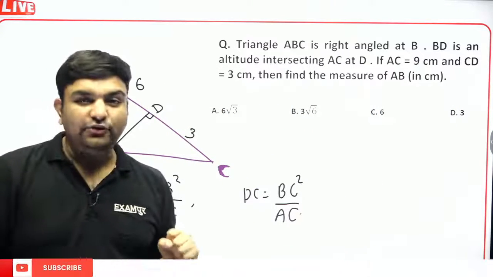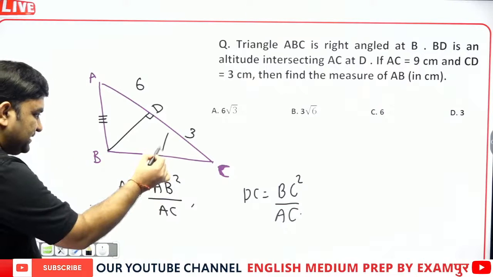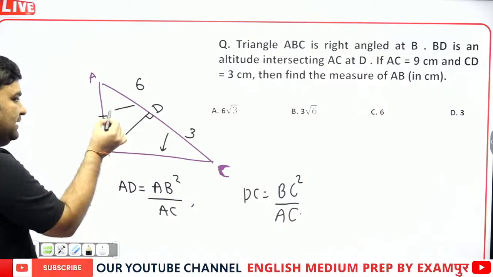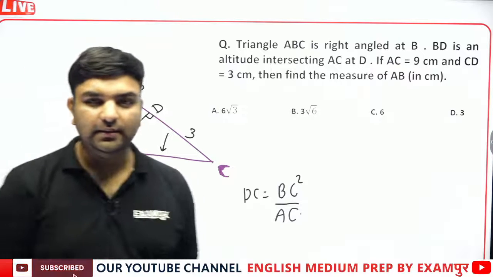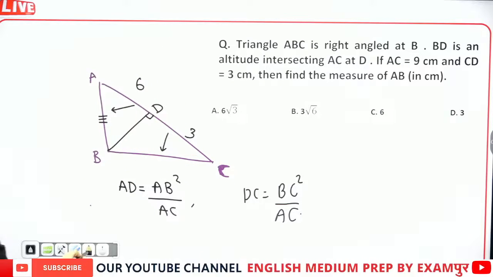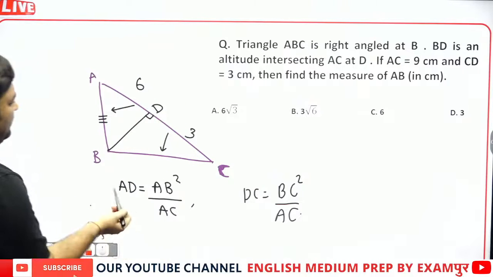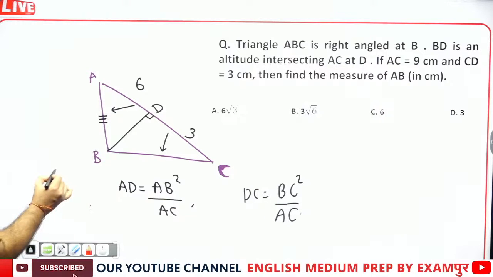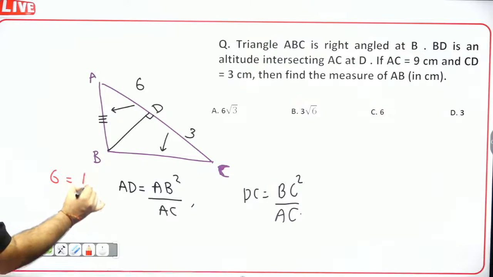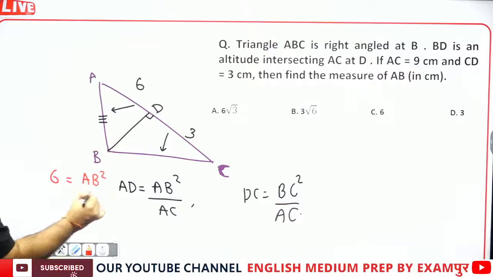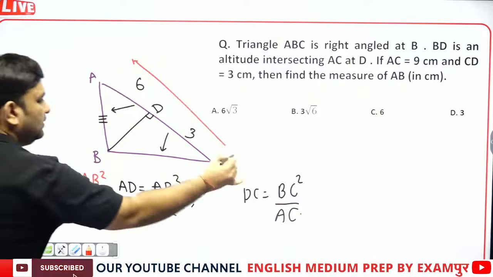Length of DC is BC square divided by AC, and length of AD is AB square divided by AC. So here most of the things are known. AD is known as 6, AB I need to find out, and AC is known as 9.